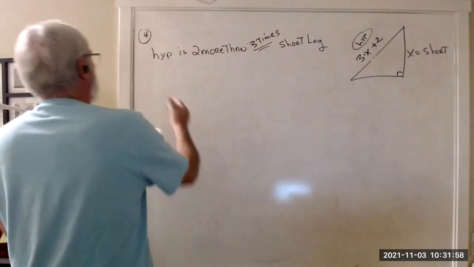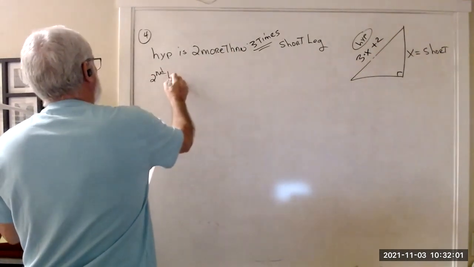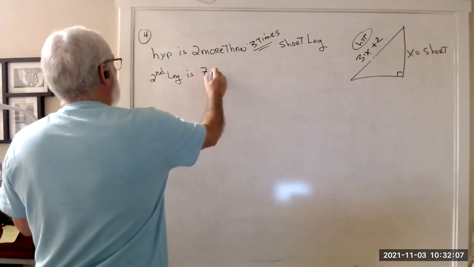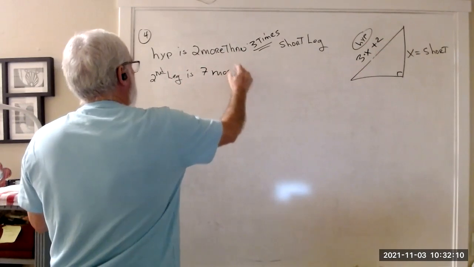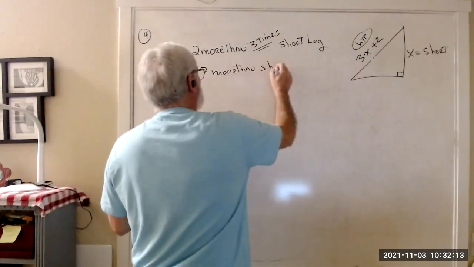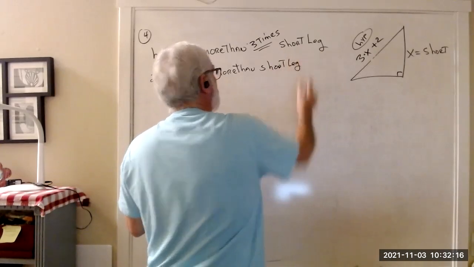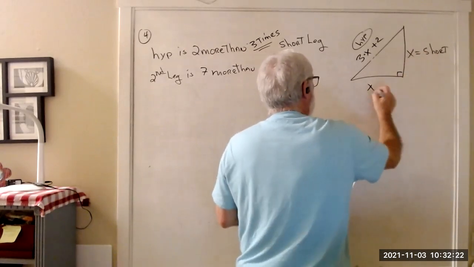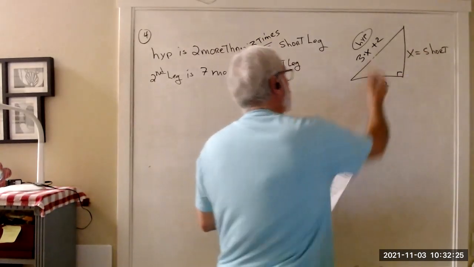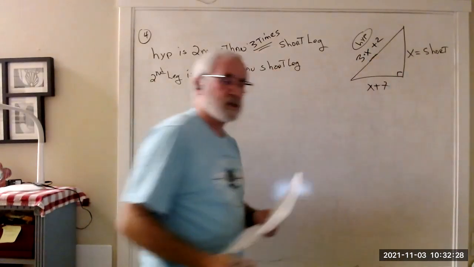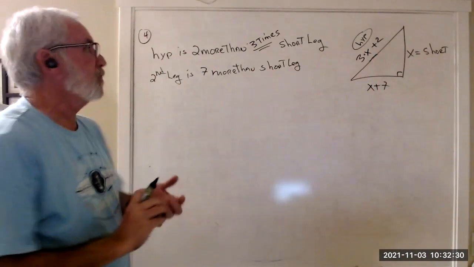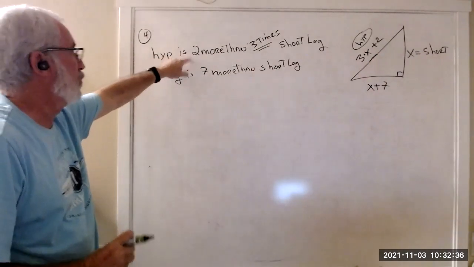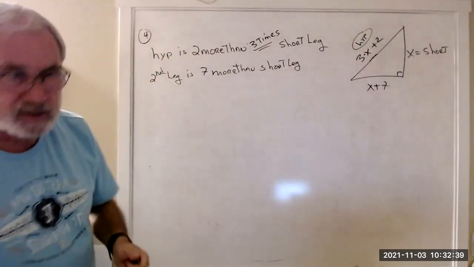Then it says the second leg is 7 more than the short leg. Well, here's the other leg, and it's 7 more than the short leg, so it's x plus 7. So that's the first step, taking the words. The hypotenuse equals, is means equals, 2 more than means plus.